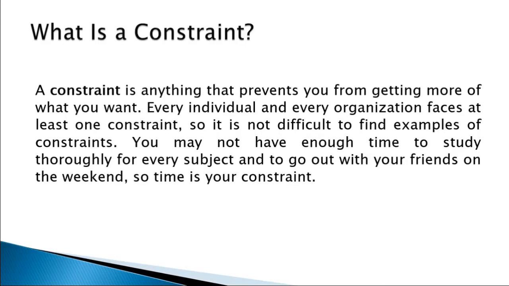What is a constraint? A constraint is anything that prevents you from getting more of what you want. Every individual and every organization faces at least one constraint, so it is not difficult to find examples of constraints. You may not have enough time to study thoroughly for every subject and to go out with your friends on the weekend, so time is your constraint.